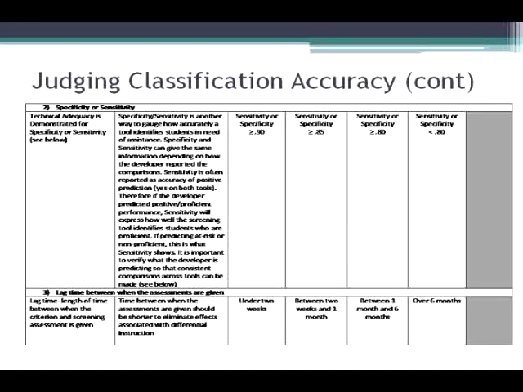The third consideration was the lag time between when the assessments are given. There's been traditionally a lot of screening measures administered with a fairly long lag, sometimes 3, 5, 6 months between the screening measure and the criterion measure.